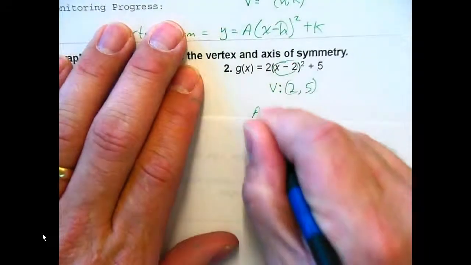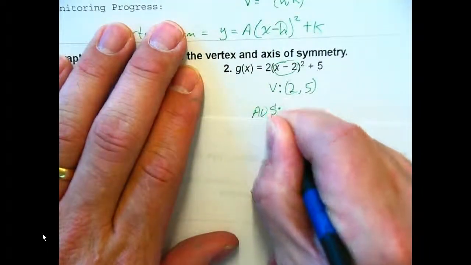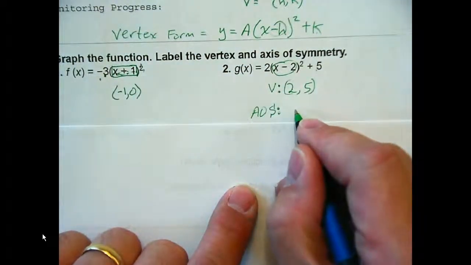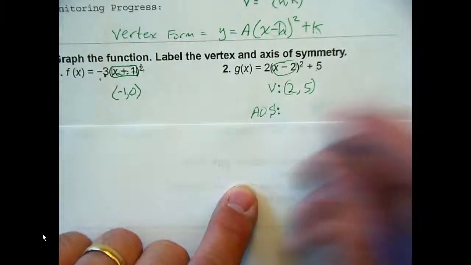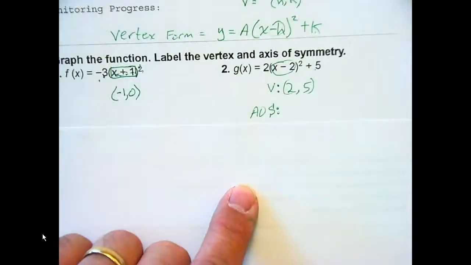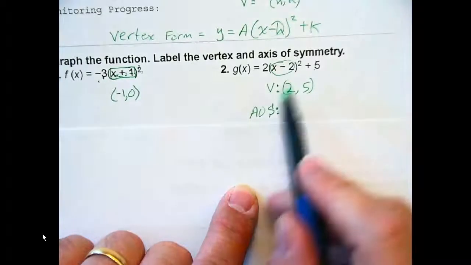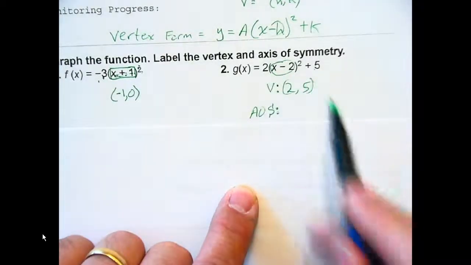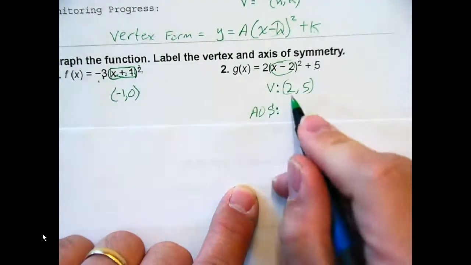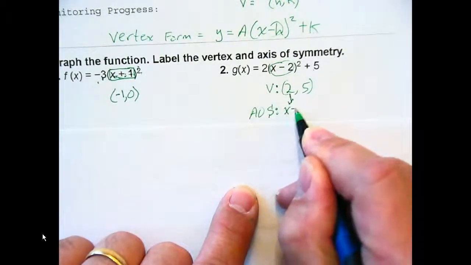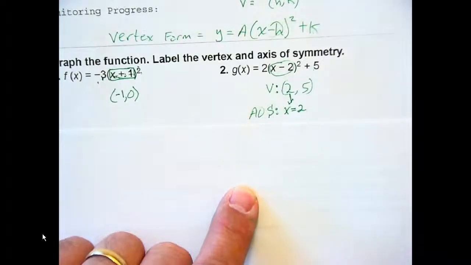Tell your neighbor what the equation of the axis of symmetry is. Okay, volunteer, what's axis of symmetry? Kendall? Okay, it is opposite of b over 2a, but we don't have it in standard form. Your axis of symmetry is always the same as the x value. So it's x equals 2. It'll always be the same.